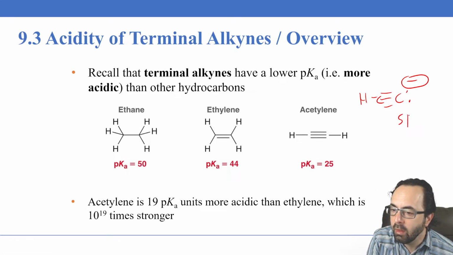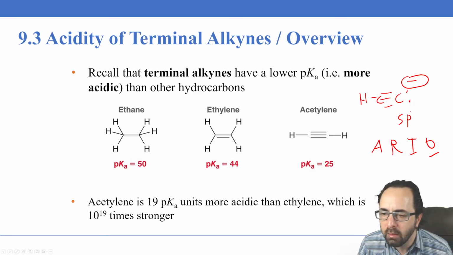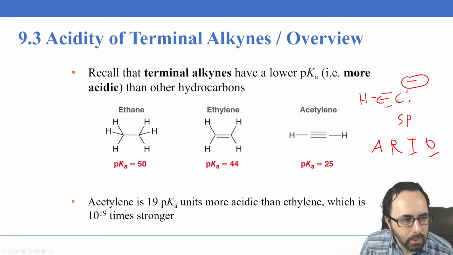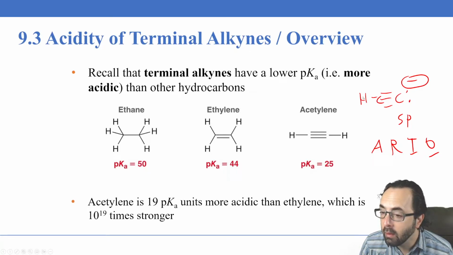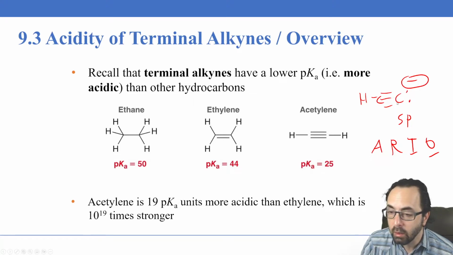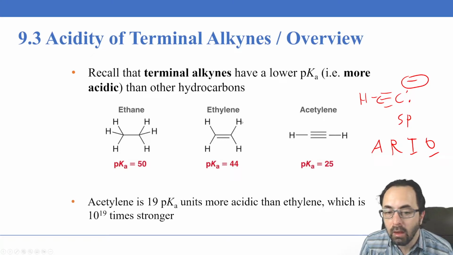And so this relates to the O in ARIO, or orbital. Because of the small size of the sp orbital, the negative charge is held more closely to the nucleus and better stabilized, making this ethyne or terminal alkyne significantly less reactive in terms of grabbing protons back than an alkene or an alkane.